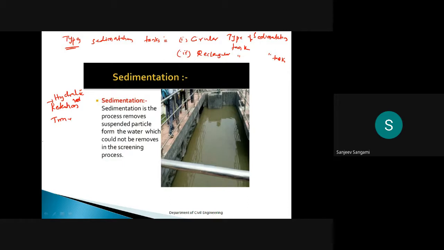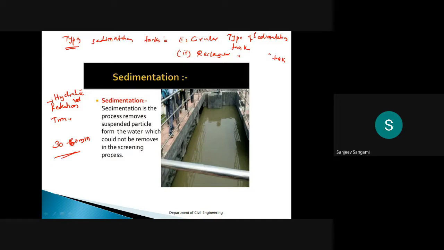It varies from 30 to 60 minutes. If you keep the water for this much time, then definitely the solids present in the water are going to settle.